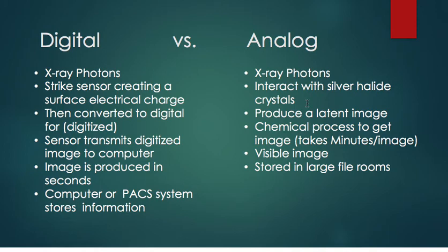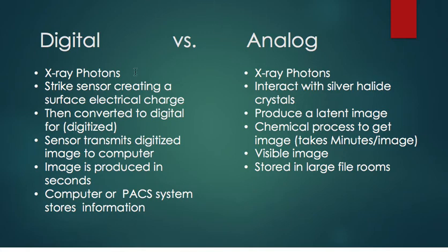It takes a few minutes per image. Then you finally get that visible image and you have to have it stored in a large file room. So there's a lot of downfalls to that. One, time. One, cost, because film is expensive. And two, storage and transfer. So you have these large file rooms that you're storing everything in, and it's not easy for patients to get that information to different doctors.